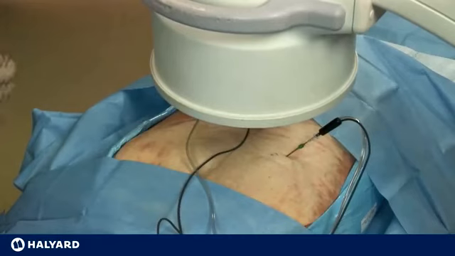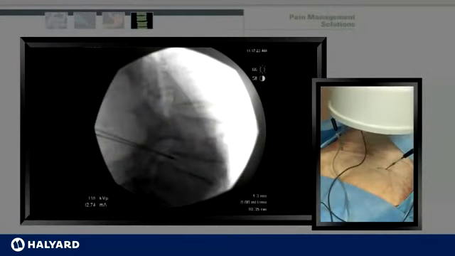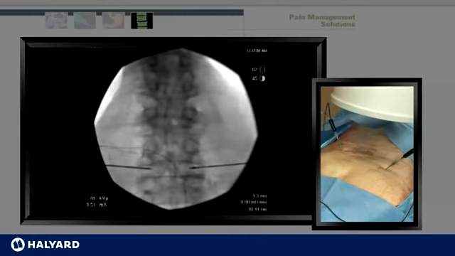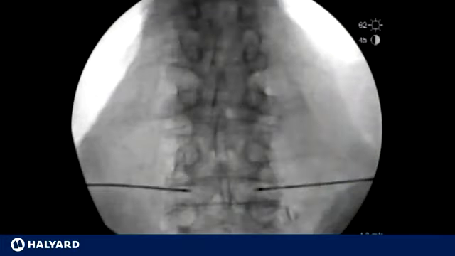Again, at this point, you'd want to ensure that they weren't medial to the mid-pedicular line. It's also important to maintain a consistent degree of tilt to ensure that you're getting the same picture. And as you can see in this picture, the needles and the probes remain lateral to the mid-pedicular line in an appropriate position for this procedure.